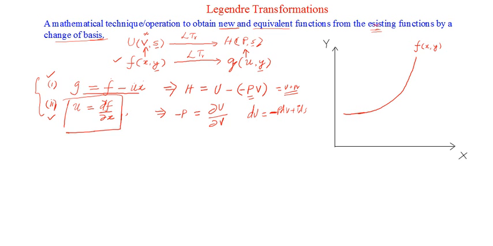Now, instead of depending on f of xy, I'm going to define another function, namely G of ui. How do we do that? At some point, say this is the point.